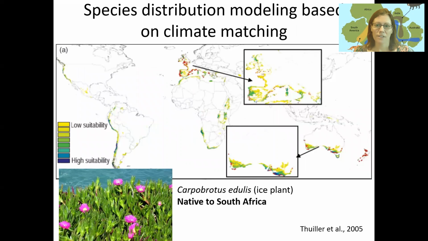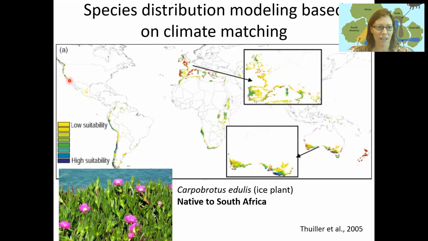All right, so here's just a couple of examples. This is a species distribution model for ice plant, Carpobrotus edulis, which is native to South Africa, down here in the Western Cape of South Africa, introduced broadly in the Mediterranean, in other Mediterranean-like climates.